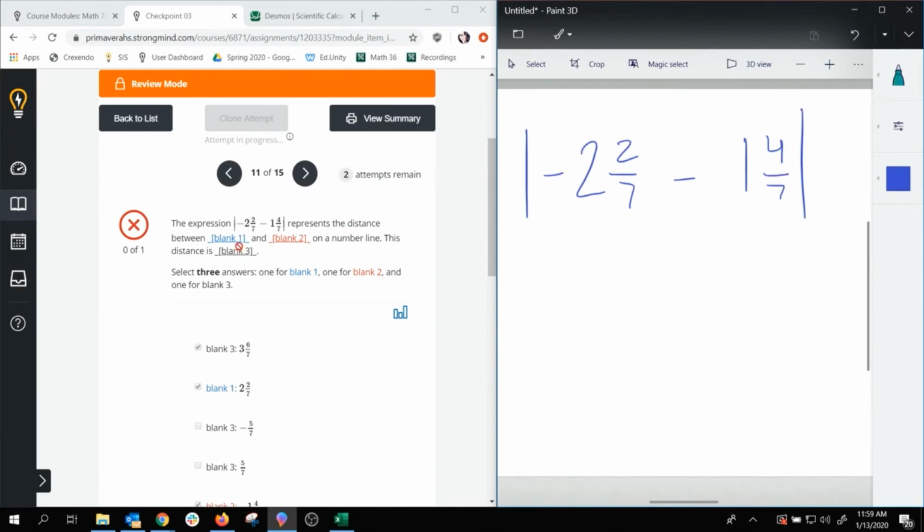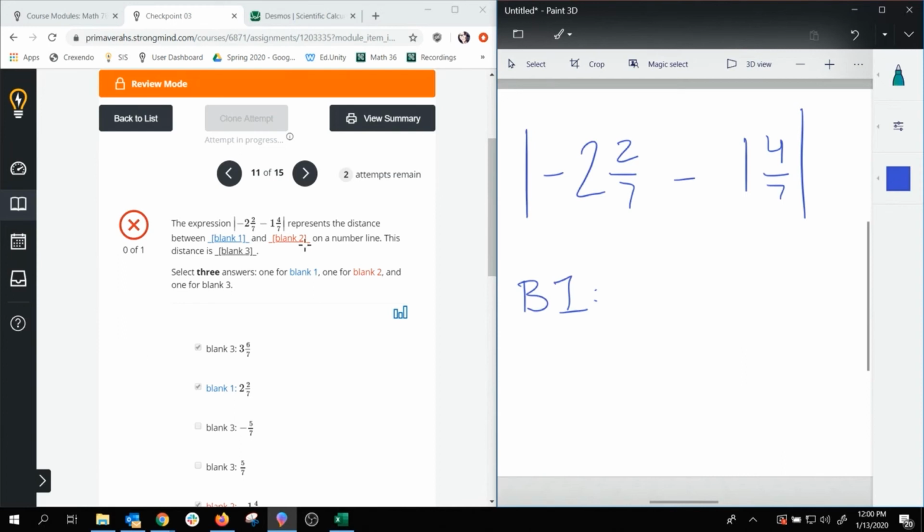So blank 1, what's the first number? So blank 1 should be the first number. The question for blank 1 and blank 2 is asking us what two numbers are we finding the distance between, right?